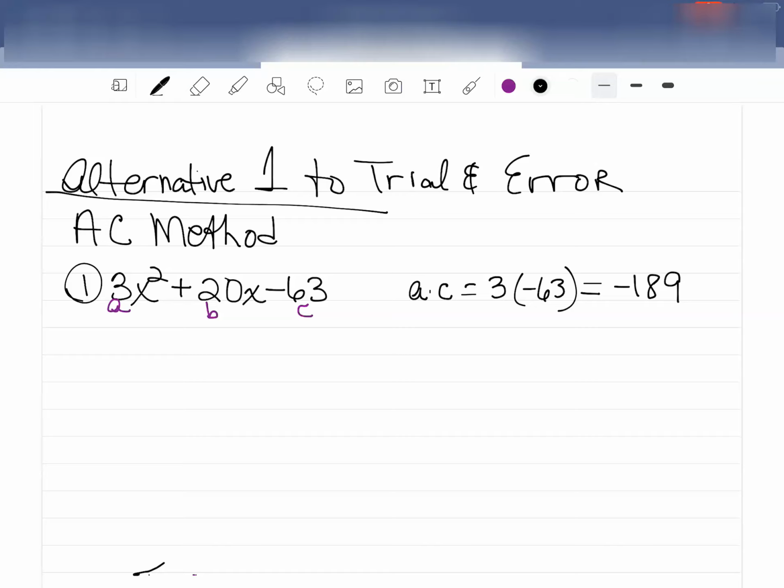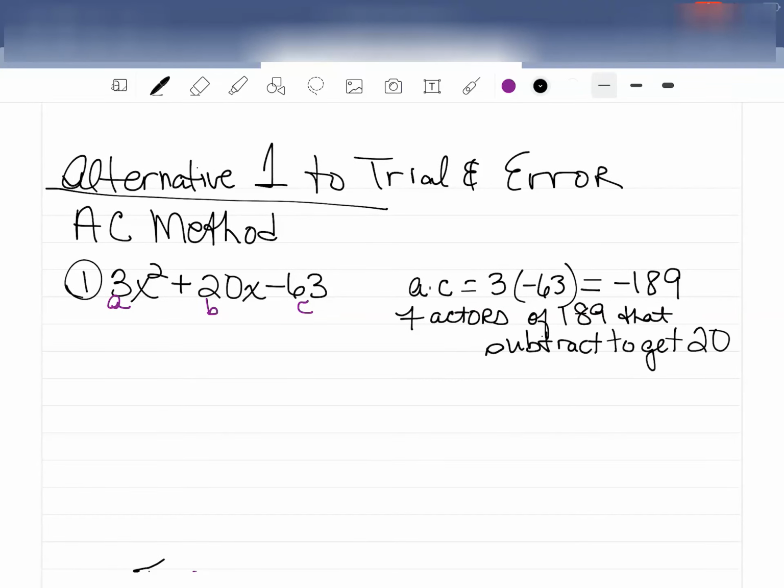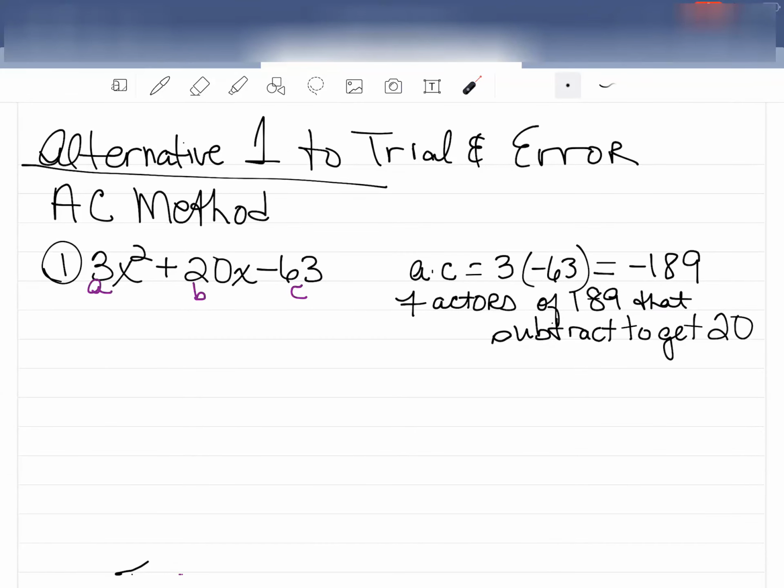I'm going to need my factors of 189, and I'm going to ignore that sign right now. I'm going to need those factors to subtract to get a 20. I needed to subtract because my sign in front of my third term is a negative, and I need to get the 20 because that's the coefficient of my middle term.